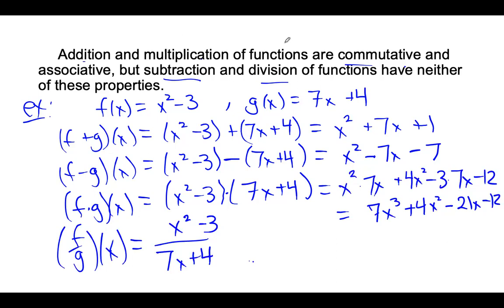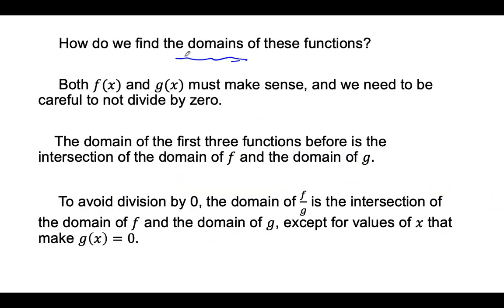These functions exist only where it makes sense for the functions to exist. The first three seem okay, but the last one can't divide by 0. So it depends on where F and G make sense.